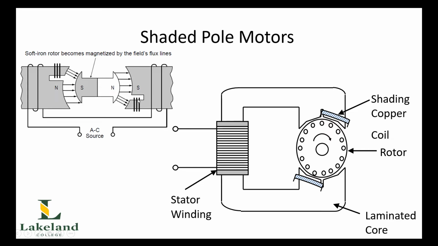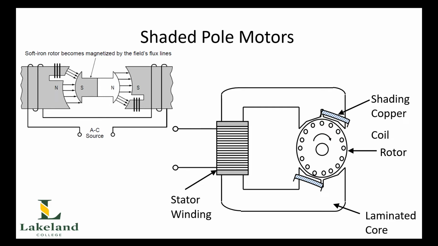Now around those salient poles there are coils of copper windings, and these are referred to as shading coils. These shading coils help to get an interaction between the two magnetic fields, the one of the rotor and the one of the shading coil, which has an induced flux on the actual pole. Now we won't go into this too deeply as it's beyond the scope of the course, but suffice it to say that this is a version of a synchronous motor that's often overlooked.